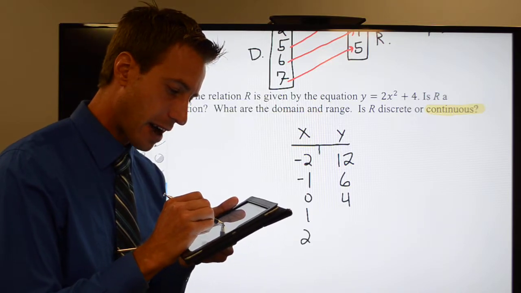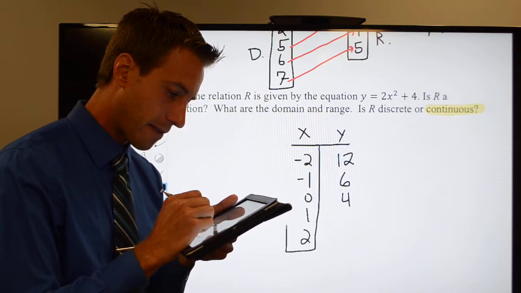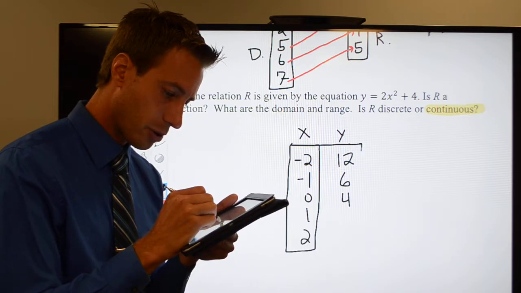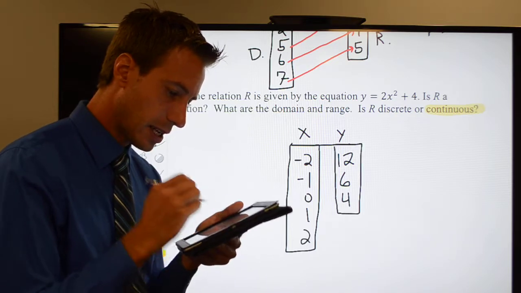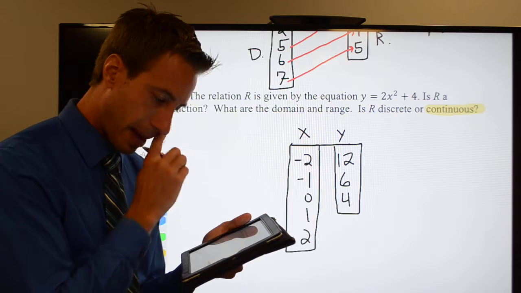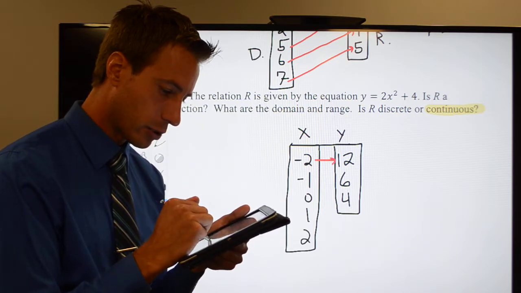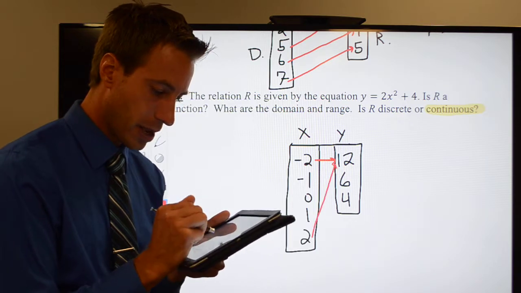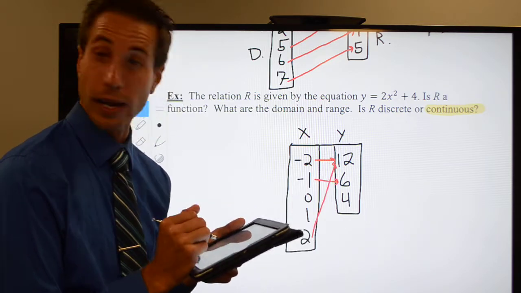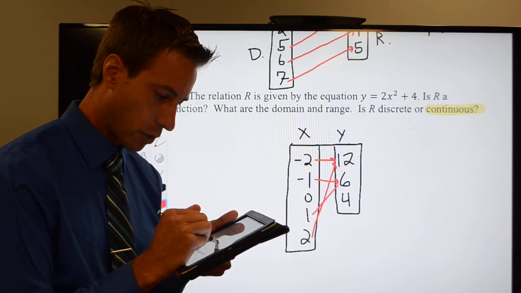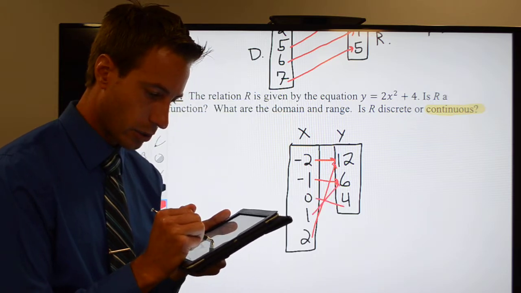There are lots of other values I could pick, but I don't have all day, so we're just going to stop with those ones. And let's go ahead and draw my lines here. So, negative 2, yeah, that goes to 12. What else went to 12? The positive 2. Negative 1 went to 6. What else went to 6? The positive 1 went to 6. And the 0 goes to 4.